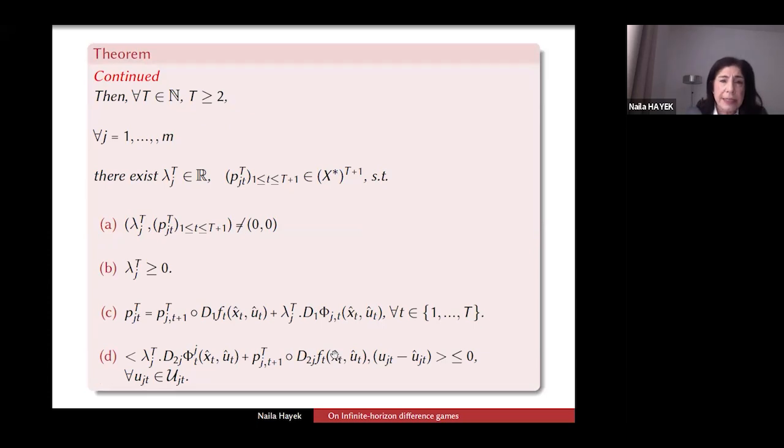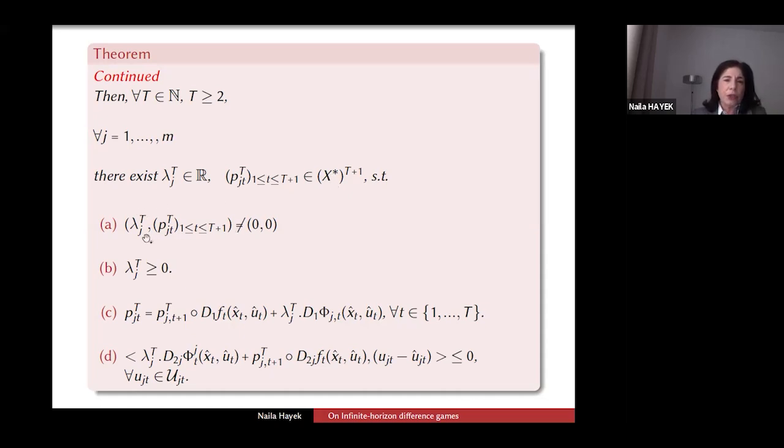Then for all T, I'm writing a result for every big T. It's a finite horizon result if you want. Okay, so there exist multipliers and there exists a truncated sequence of adjoint variables, which is here, no more in R^n, but in the dual of X, in the dual of my Banach space.